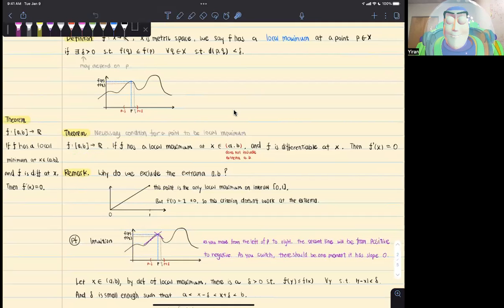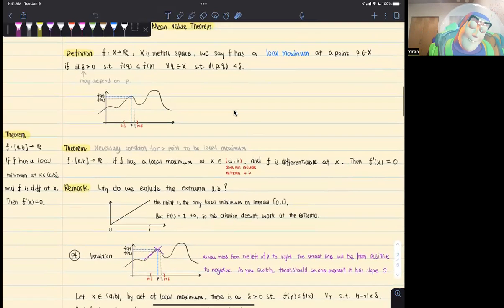We assume f has a local maximum at a specific point x in this open interval (a, b), and f is differentiable at x. This is another assumption. Then our claim is that the derivative of f evaluated at x must be 0.